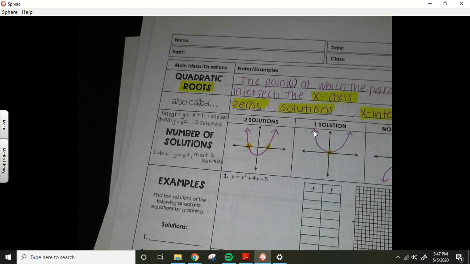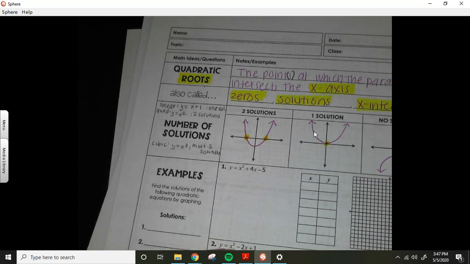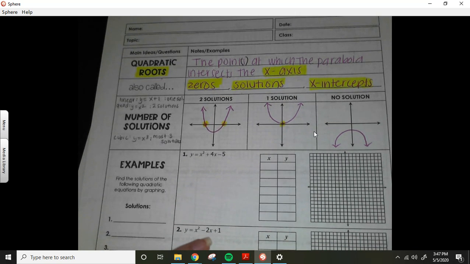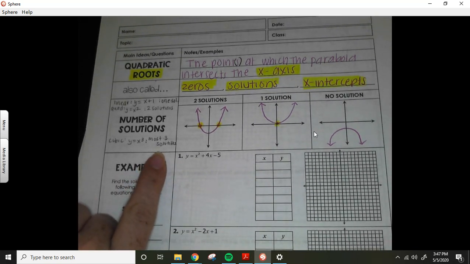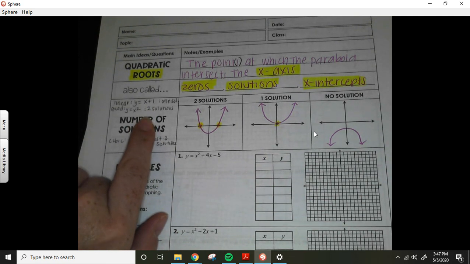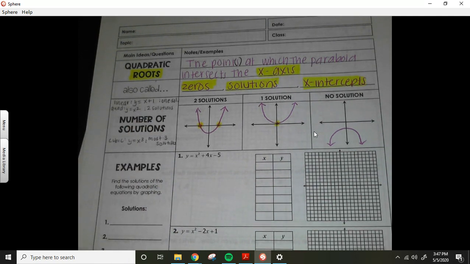If on PrepWorks you are given a problem that says how many solutions would this function have, and it was a cube, it would be 3 because a solution is where that graph hits the x-axis. So a cubic function can have at most 3, a quadratic at most 2, and a linear at most 1.